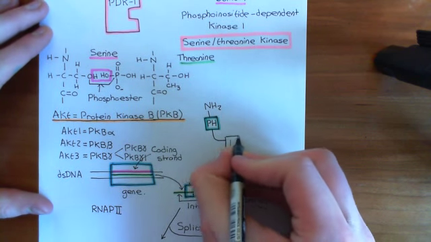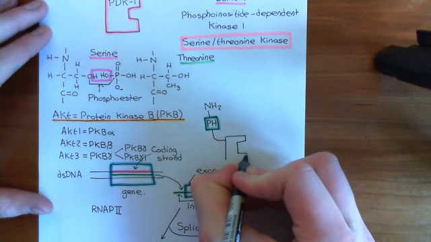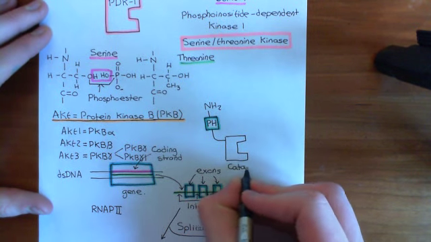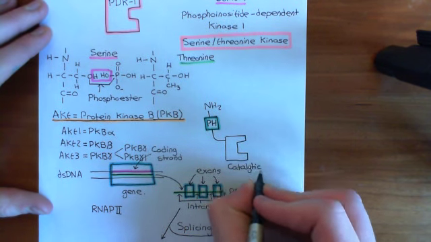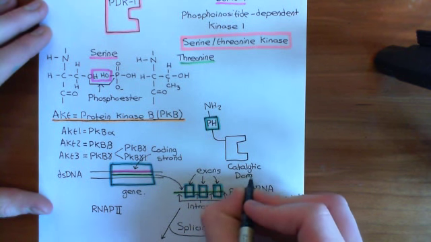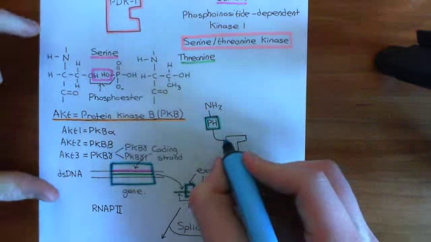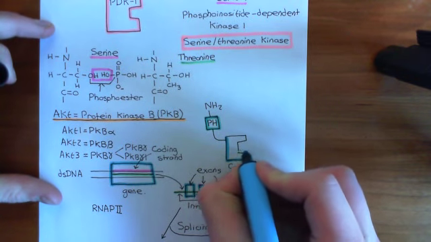Then, after the pleckstrin homology domain, you have the catalytic domain. Okay, so this is the portion that is actually going to catalyze the addition of phosphate groups onto serine and threonine residues within proteins. So this is the catalytic domain here in blue.